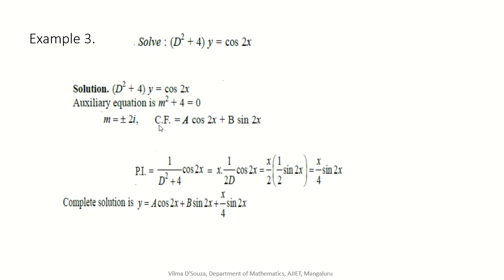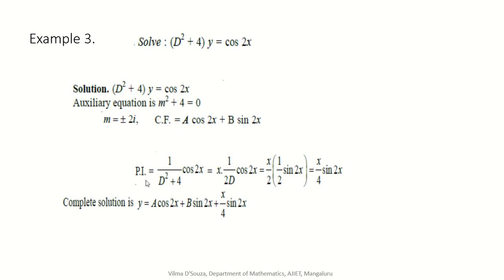So what is your complementary function? E power ax, that is e power 0x, into a cos bx, b is 2, plus b sin bx. So the complementary function will be a cos 2x plus b sin 2x.